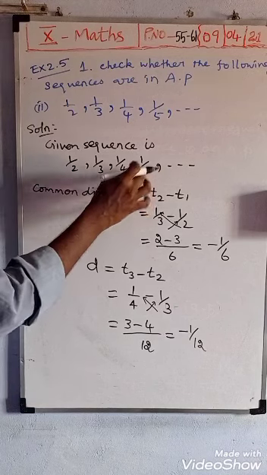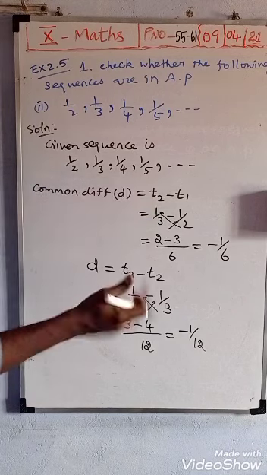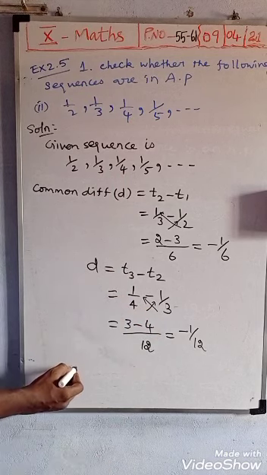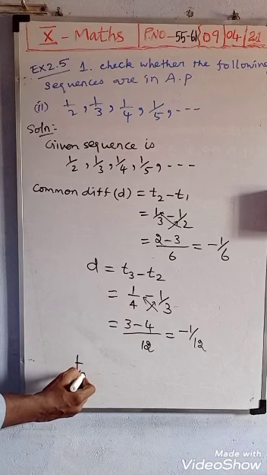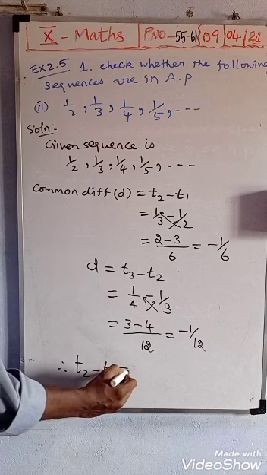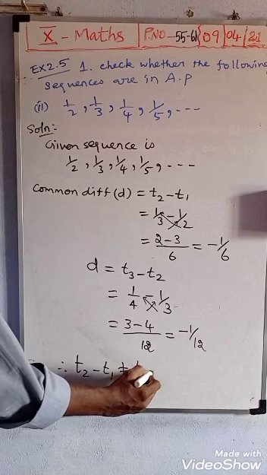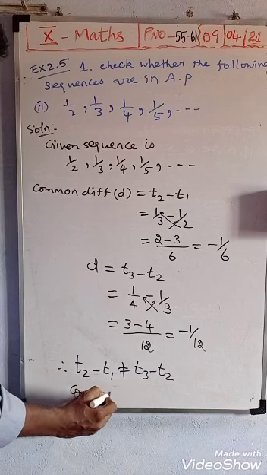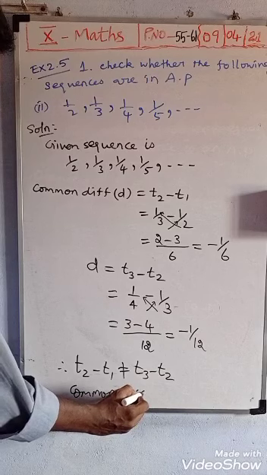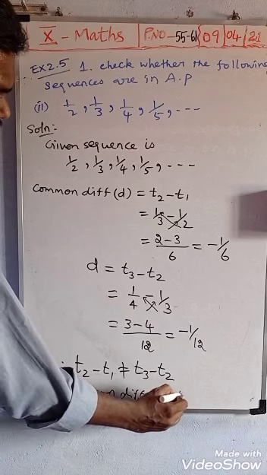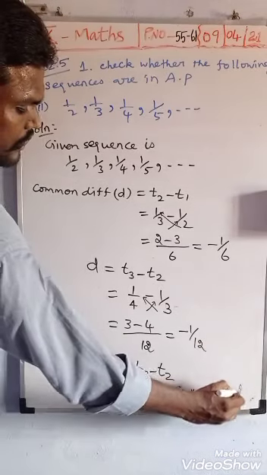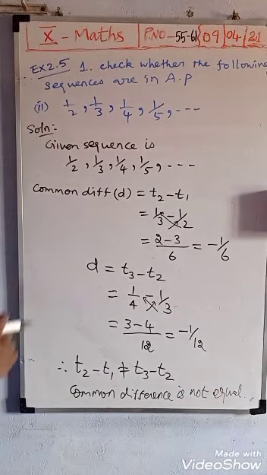Therefore, no need to check the next term, T4 minus T3. The first two terms come different, so it is not an AP. Therefore, here T2 minus T1 is not equal to T3 minus T2. So the common difference is not equal.